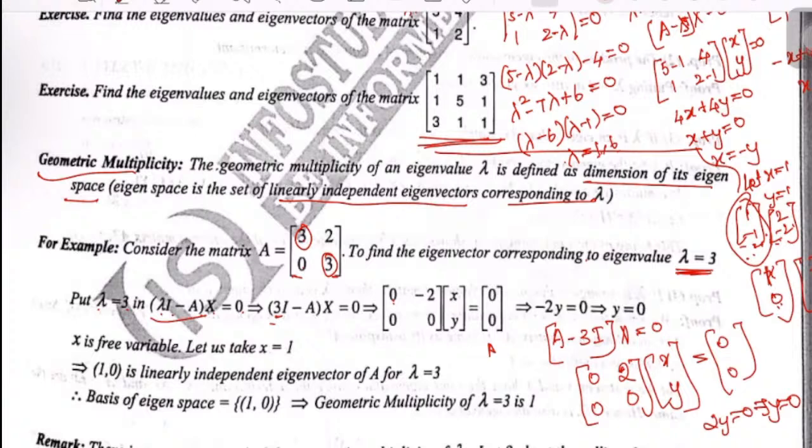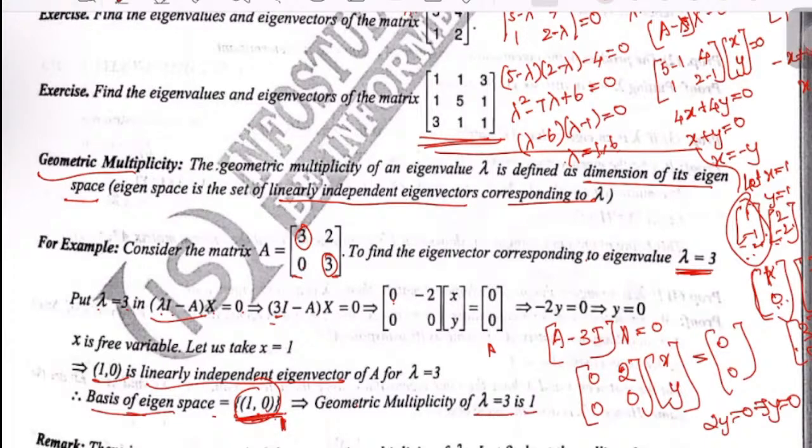(2, 0) is also an eigenvector. (3, 0) is also an eigenvector. Similarly, there are many eigenvectors, but all these eigenvectors are dependent on each other, because they are scalar multiples of this one. So (1, 0) is the only linearly independent eigenvector. So the basis of the eigenspace is only (1, 0). So the geometric multiplicity is 1. The basis of this eigenspace is (1, 0), because it generates all the eigenvectors. And the geometric multiplicity of lambda equal to 3 is 1.